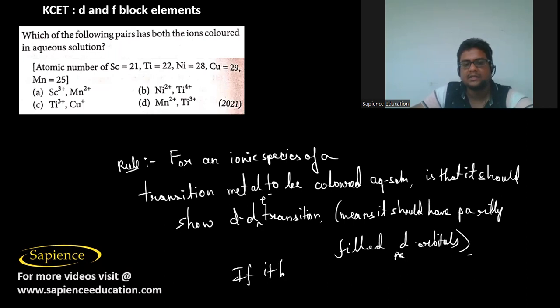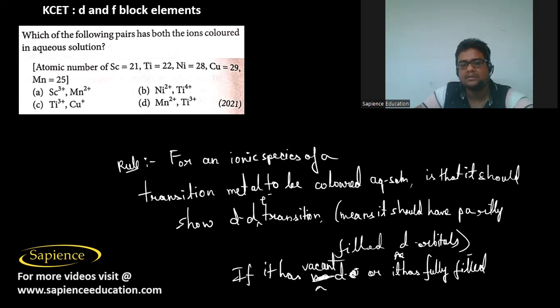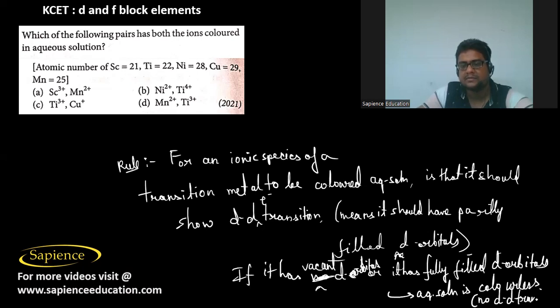So it means that if it has no d electrons, or I can say if it has vacant d orbitals, or it has got fully filled d orbitals, then only its aqueous solution will be colorless, since in that case there will be no dd transition.